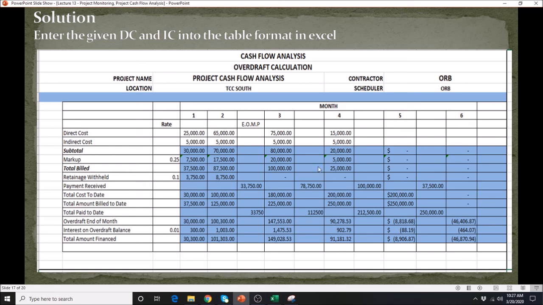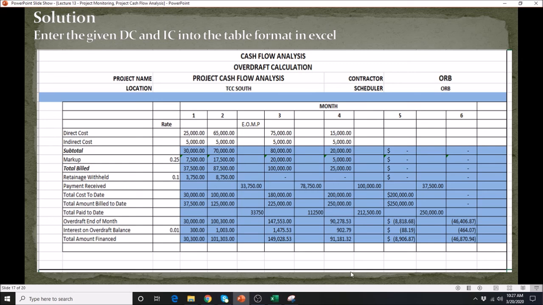Unless there are values here, and the problem told you that you are going to have a retainage only for the first 2 months or half of the cost of the project, then I want you to go back and turn this to zeros. Otherwise, you don't need to do anything here unless it tells you half of the project has no retainage.